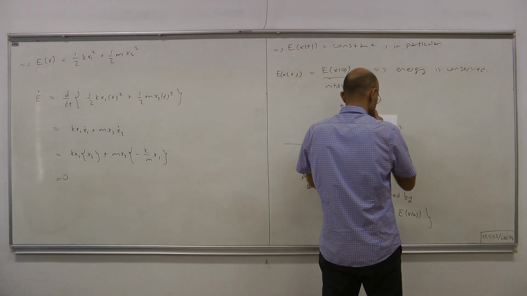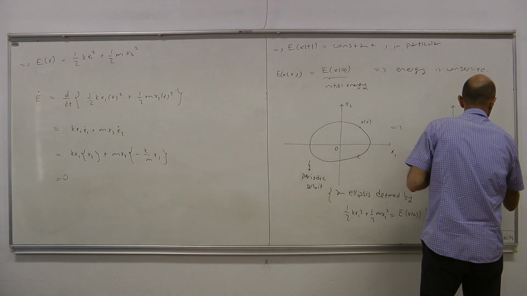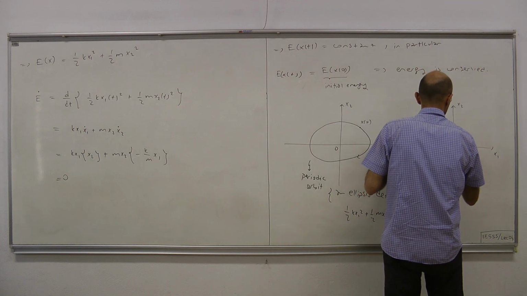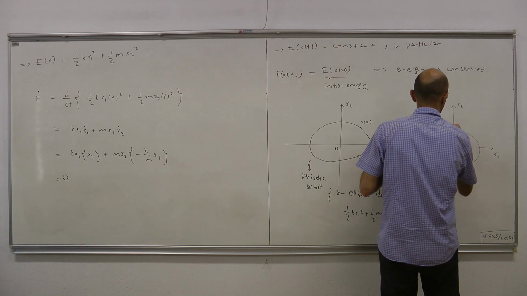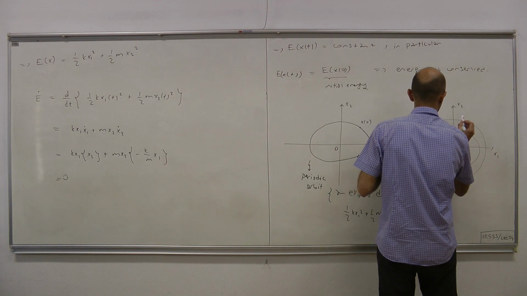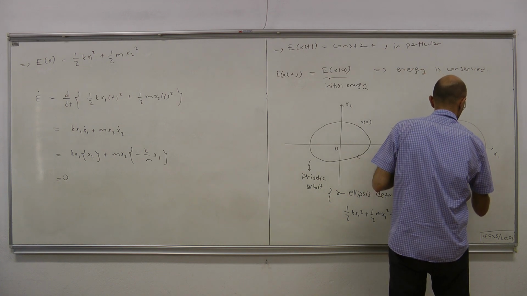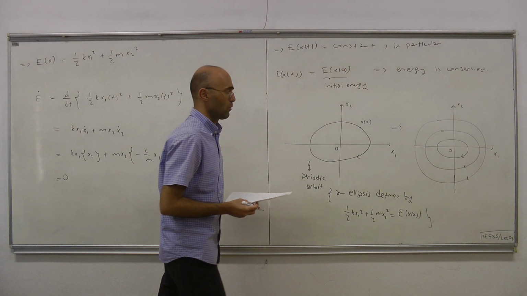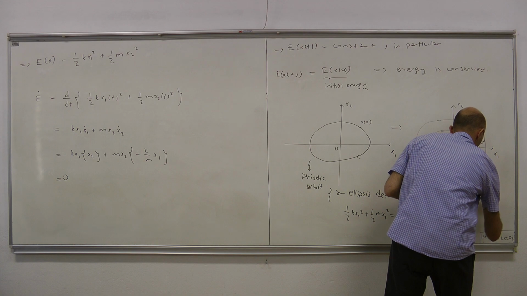This immediately implies, thanks to the system being linear, the phase portrait in the x1, x2 plane, and all orbits are rotating in a clockwise direction.